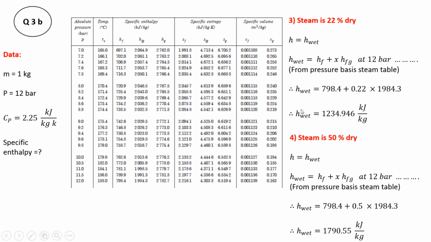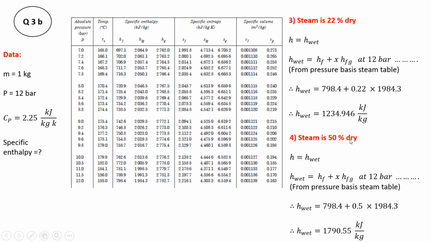So substitute the value of Hf. Hf is 798.4 at 12 bar as we have already seen. Then x is 0.22 and Hfg the value is 1984.3. So the specific enthalpy of wet steam is 1234.946 kilojoule per kg.